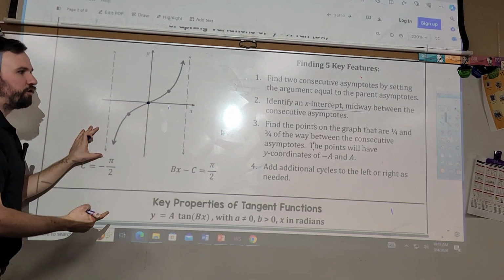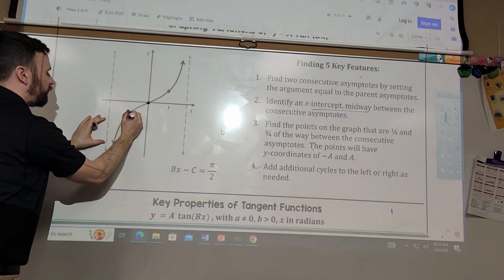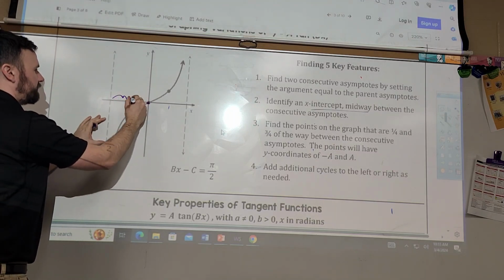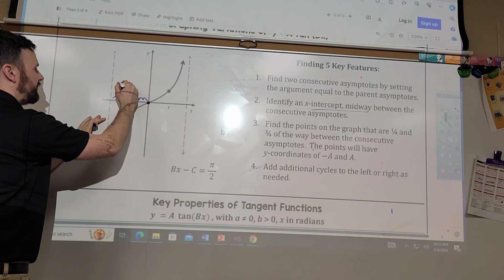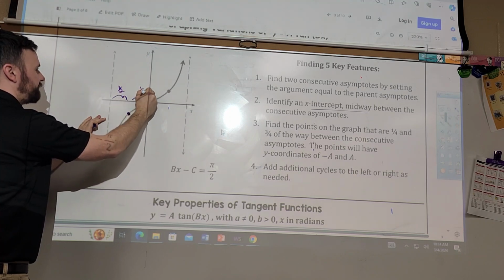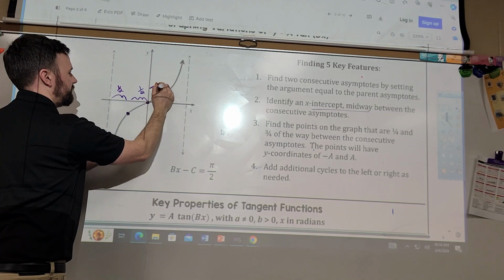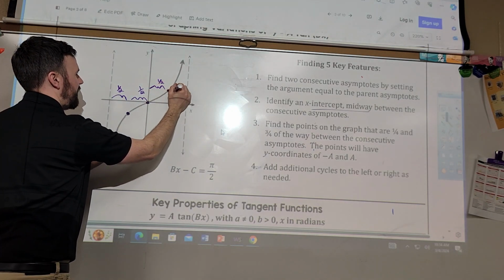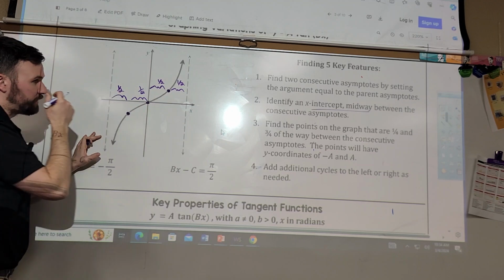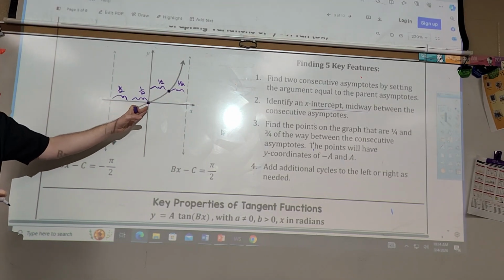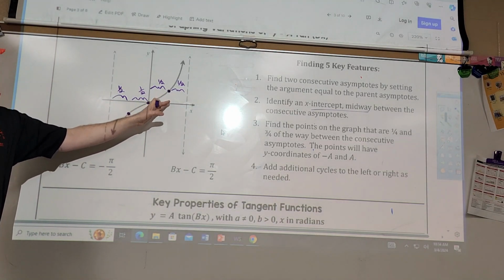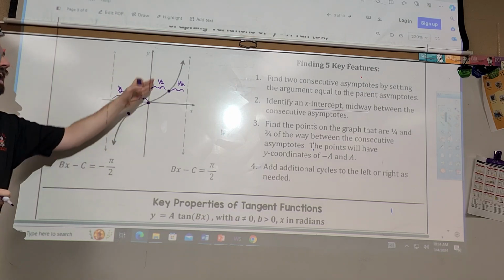Now this has 1/4 and 3/4, but this point is halfway in between, right? And this point is going to be half and half, right? So this teaches you to go 1/4, half, 3/4. I cut it in half, and then cut it in half, and cut it in half.